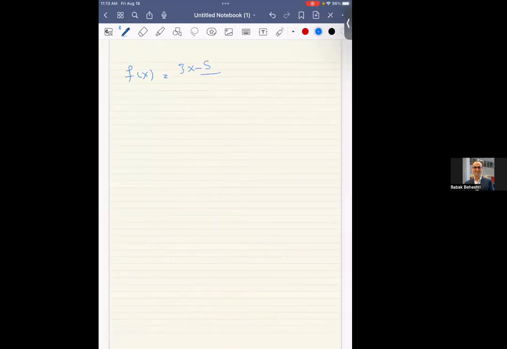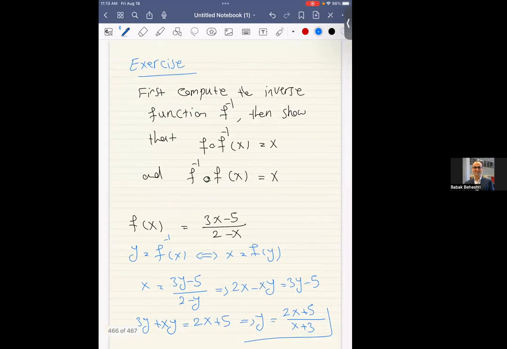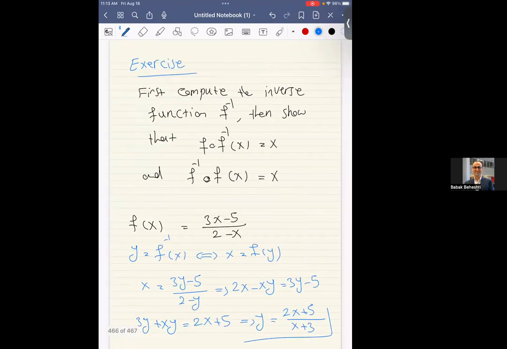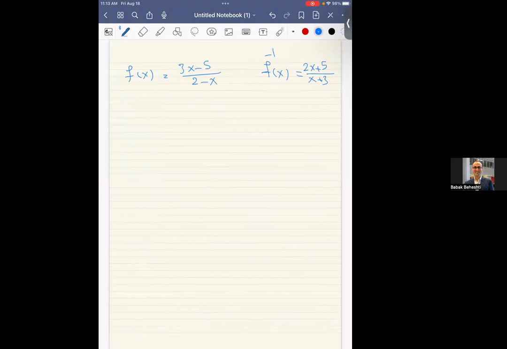And f inverse of x equal to 2x plus 5 divided by x plus 3. Okay, that is f and f inverse.